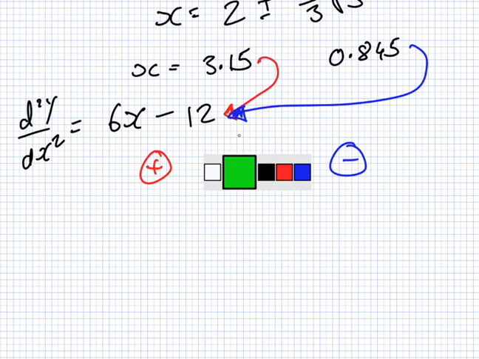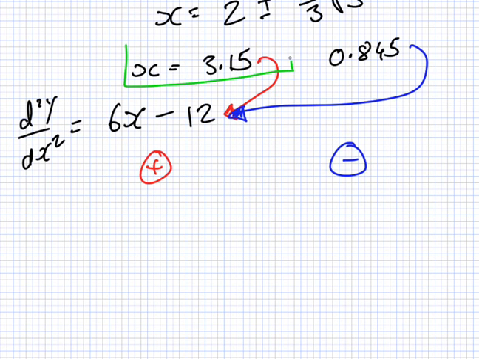So you know that at this location, is it concave or convex if it's positive? Convex, yeah. So at 3.15 we have a convex shape. Let's draw this properly.